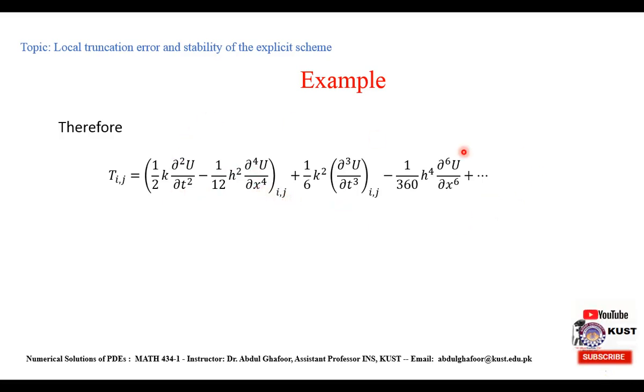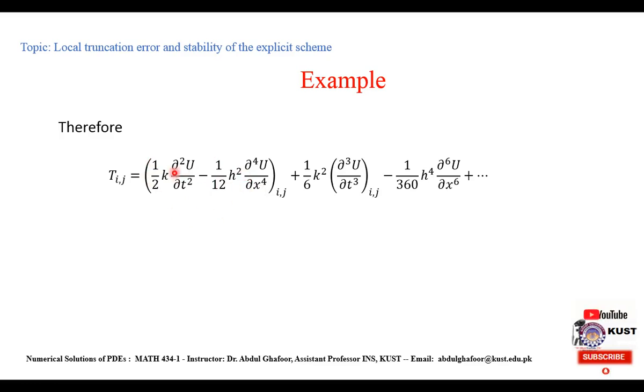Remember, to find the order of the local truncation error, we consider the principal part of the series, containing those terms having the least power of k and the least power of h. You can see here that the least power of k in this series is just k power 1, and the least power of h is 2.